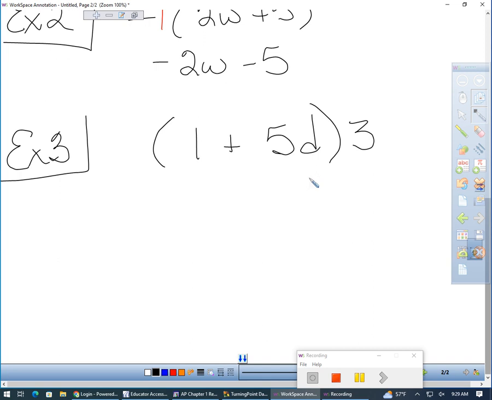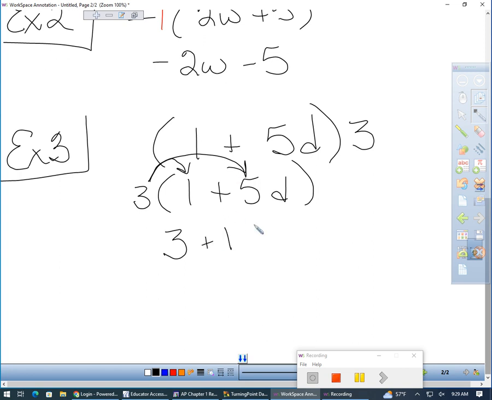So I'm going to rewrite mine. You don't absolutely have to, but it helps you stay organized when eventually we get this big long line of stuff. So I'm going to put this 3 in the front: 3 times (1 plus 5d), and now we're going to do our distributive property. 3 times 1 is 3, and 3 times 5d, good, 15d.